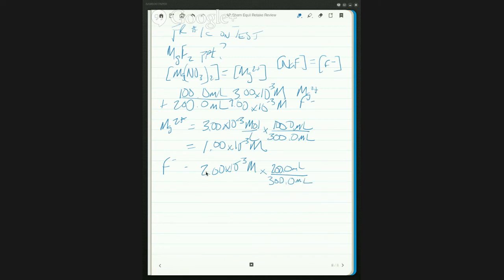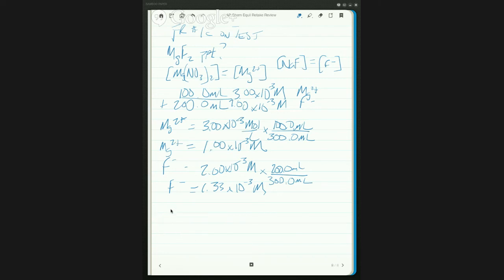So you're multiplying 2 times 2/3, which comes out to 1.33 times 10 to the negative third molarity, okay? So this is our Mg2+ concentration, and this is our F minus concentration. That is the actual concentration, okay? These are not the molar solubilities. These are the actual concentrations.